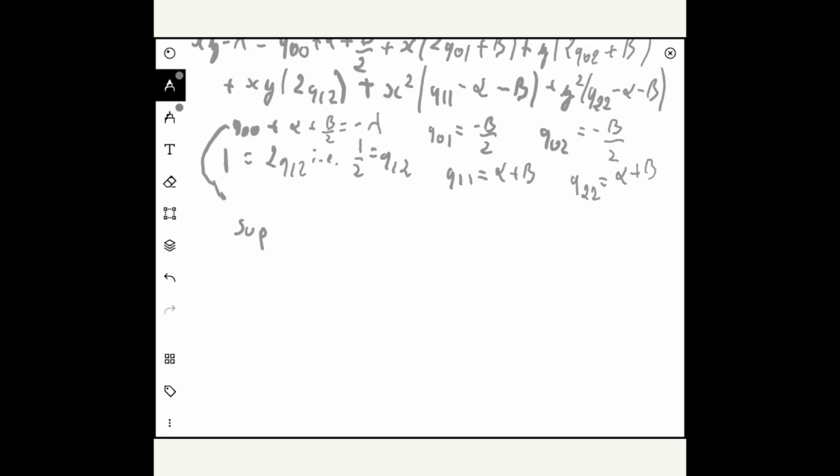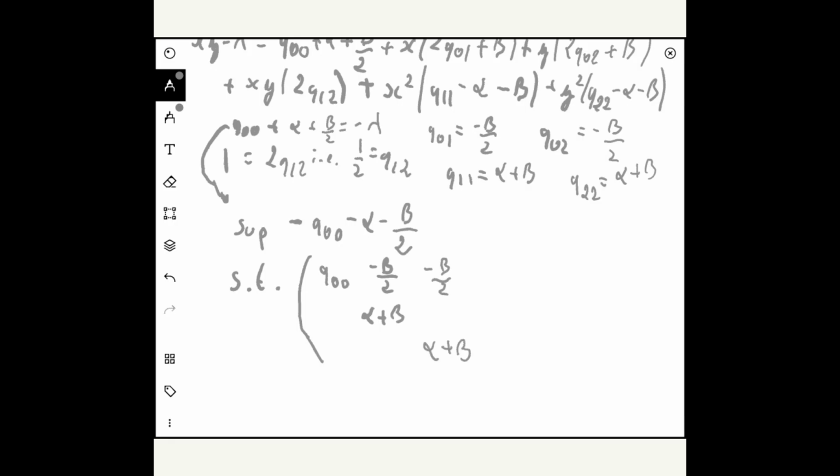q00 plus alpha plus beta over 2, but it's minus stuff, so for having lambda we just have minus q00 minus alpha minus beta over 2, such that we have the same matrix, with q00 being the same, q01 is minus b over 2, q02 is minus b over 2, q11 is alpha plus beta, q22 is alpha plus beta, q12 is 1 over 2, and symmetric is 1 over 2 here, is beta over 2 and is beta over 2.